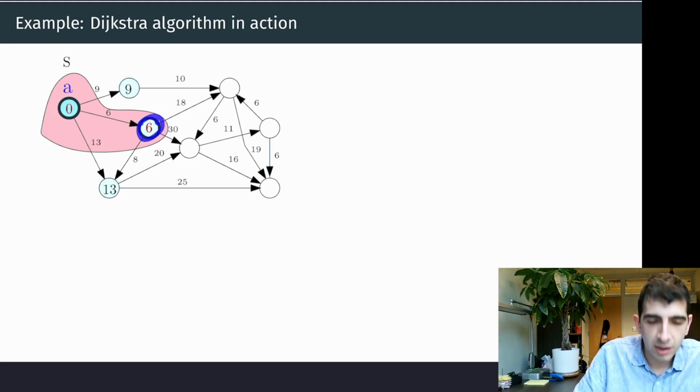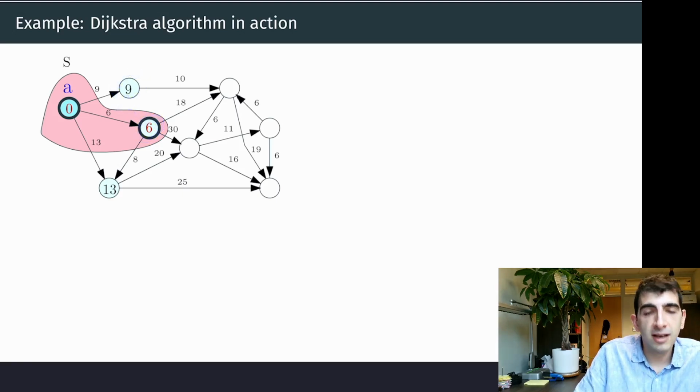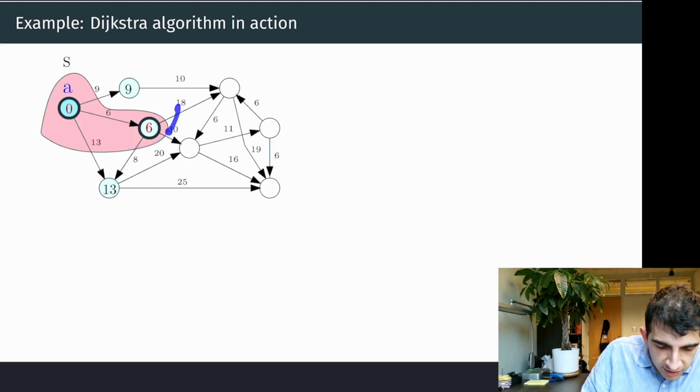No, no. This vertex is not connected at all to this. So whatever we calculated for this minimum path stays the same, right? The only distance measurements that might change are for those vertices that are adjacent to the vertex we just added to x.